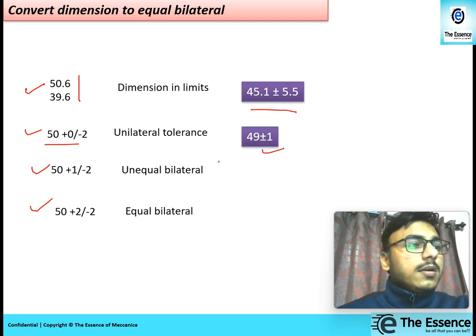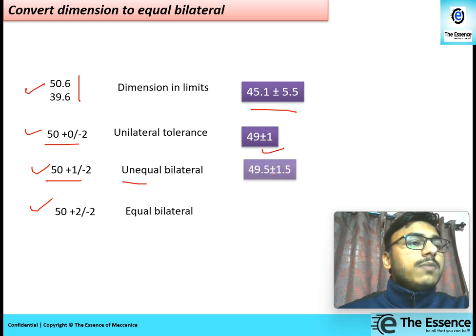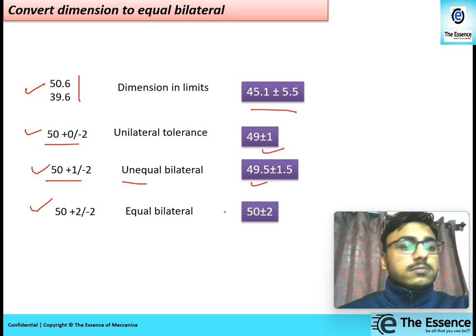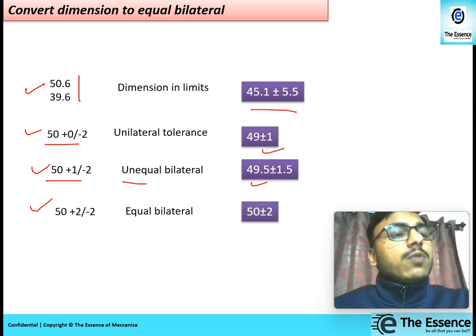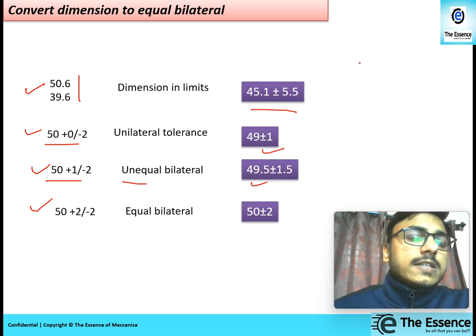Okay. And then this is 50 plus side 1 minus side 2, unequal bilateral. So it will be 49.5 plus or minus 1.5. So in this way we can calculate the equal bilateral system. What is the formula? Upper limit plus lower limit divided by 2, upper limit minus lower limit divided by 2.